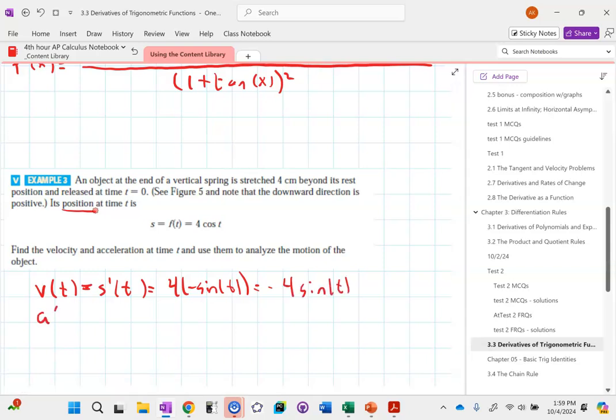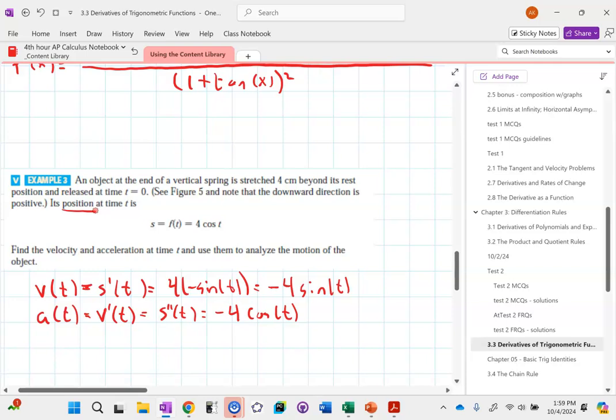And then what's the relationship between acceleration and velocity? Or the second derivative of position. What's the derivative of negative 4 sine t? Negative 4 cosine t. Everybody feel okay there?